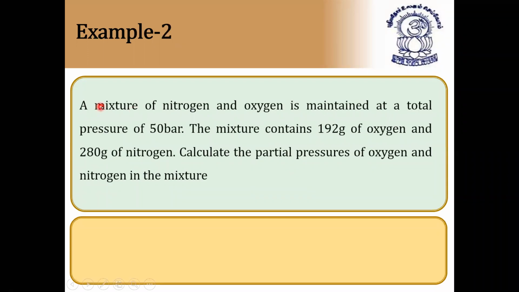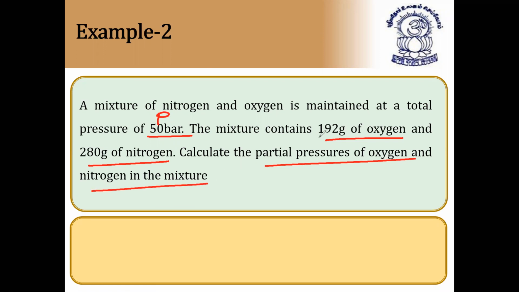Next question. A mixture of nitrogen and oxygen is maintained at a total pressure of 50 bars. So they are given total pressure, capital P. The mixture contains 192 grams of oxygen and 280 grams of nitrogen. Calculate the partial pressures of oxygen and nitrogen in the mixture.